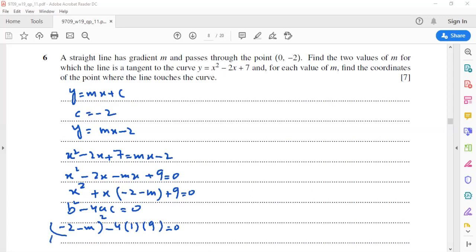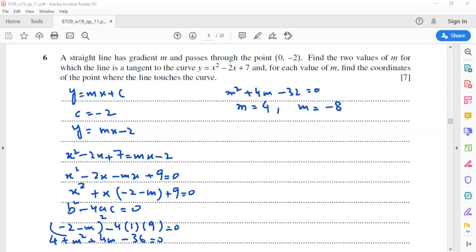When you open this, it is going to be 4 + m squared + 4m - 36 = 0. So we get m squared + 4m - 32 = 0. Solving this directly using the calculator's mode 5.3, we get two values of m: one is 4 and one is -8.